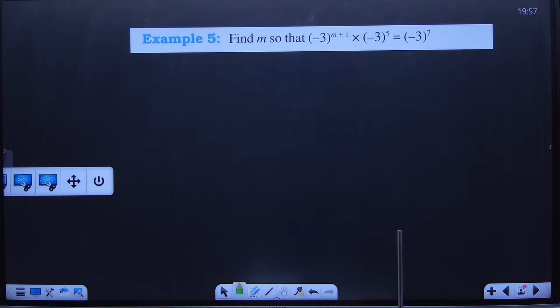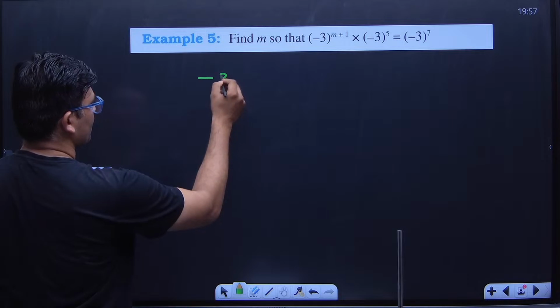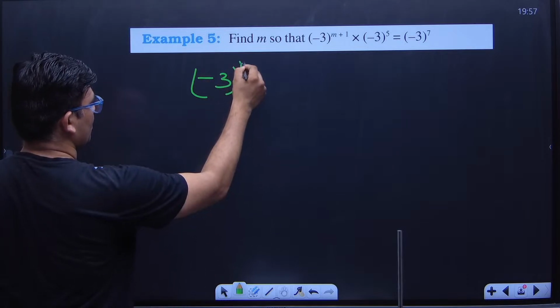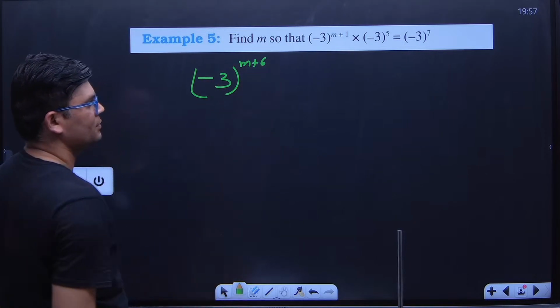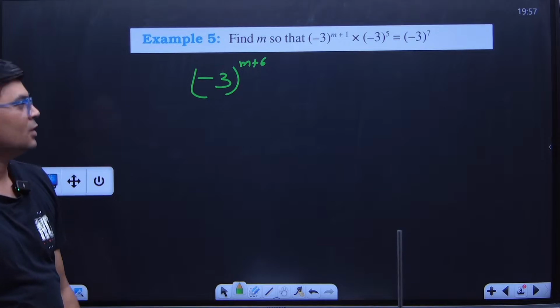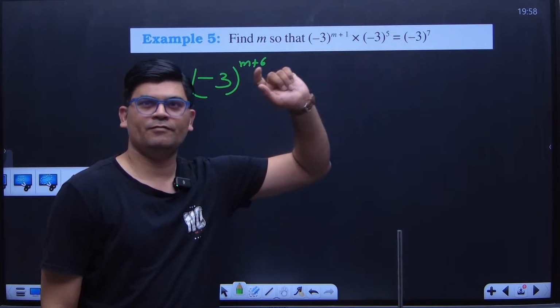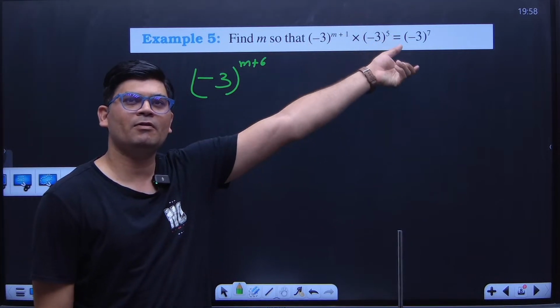So, sir, would it be minus 3 to the power m plus 1 plus 5, which is m plus 6? See, m plus 1 plus 5. If the base is same, the power will be added up.